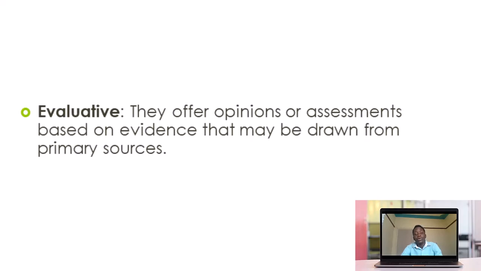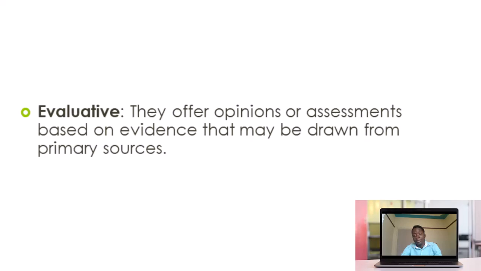So it's also evaluative. They offer opinions or assessments based on evidence that may be drawn from primary sources. As I told you before, a primary source can be very bulky, or it can be very small compared to expected details of some information. So the secondary source will offer you more evidence, or it can also bring a lot of questions in the form of assessment, and people have different ideas, opinions, based on the primary source that is there.